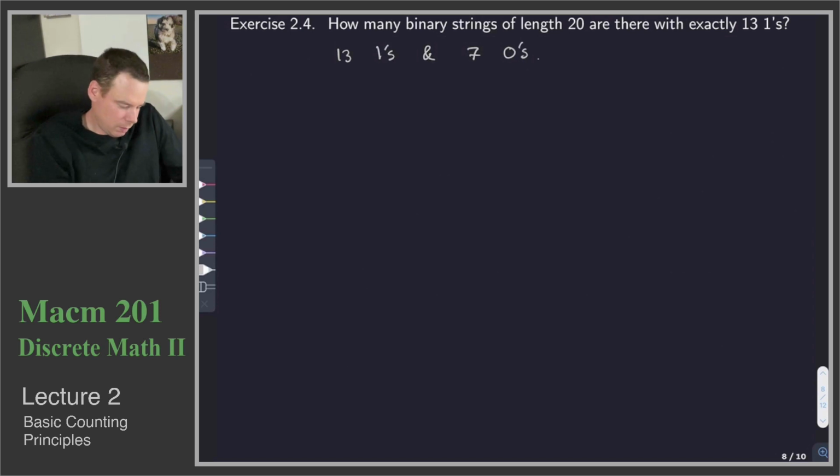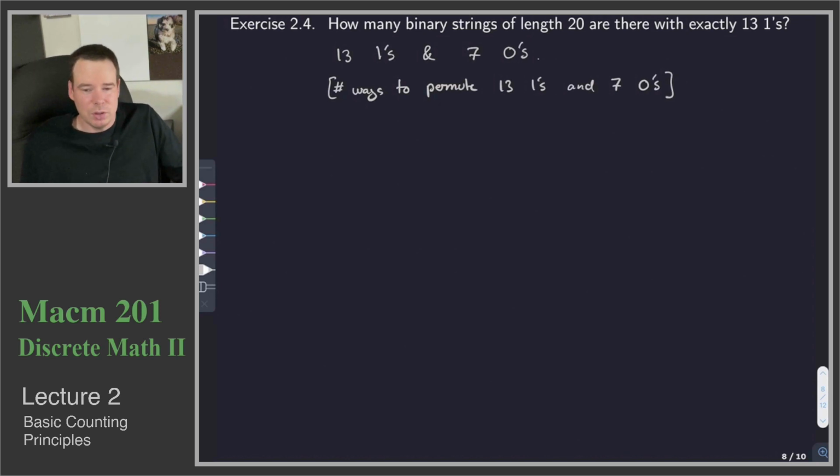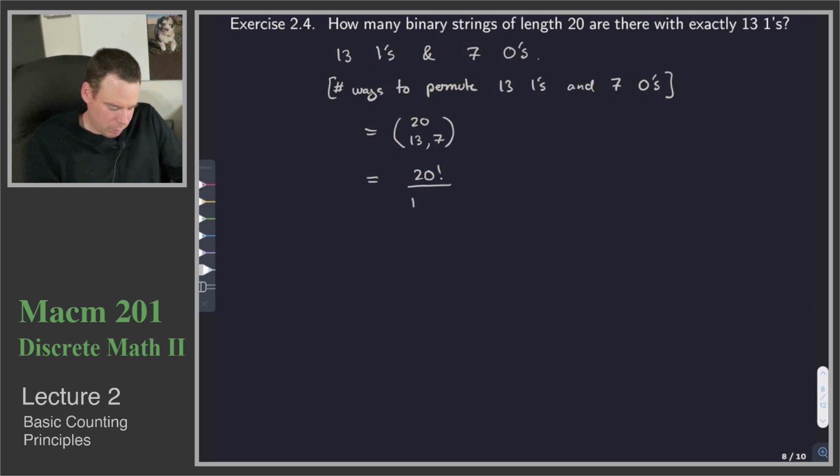You can think of this as the number of ways to permute the 13 ones and 7 zeros. And so that's permutation with repetition. So we are permuting 20 objects, 13 of them are one type, 7 of them are the other type, so that is 20 factorial divided by 13 factorial times 7 factorial. And that's the number of binary strings there are with exactly 13 ones.